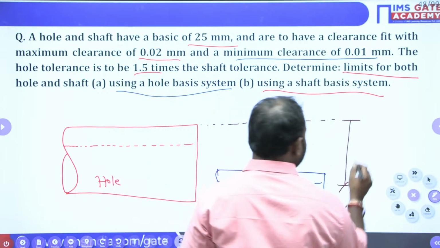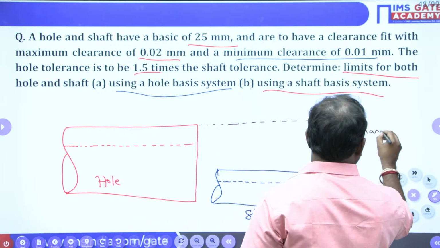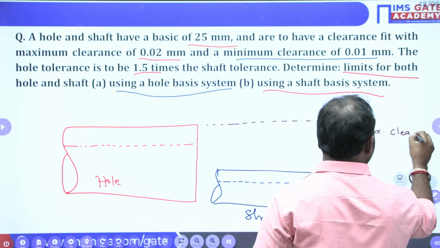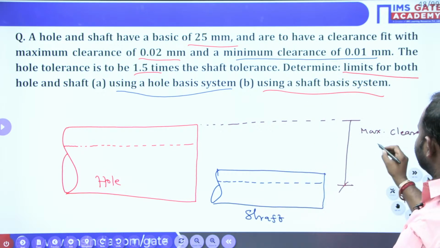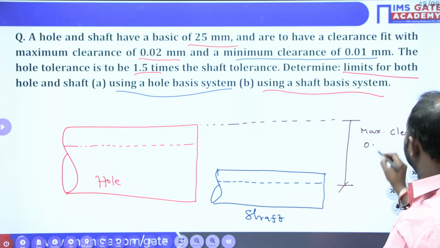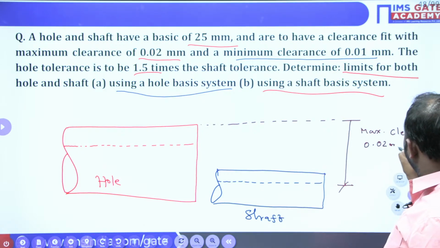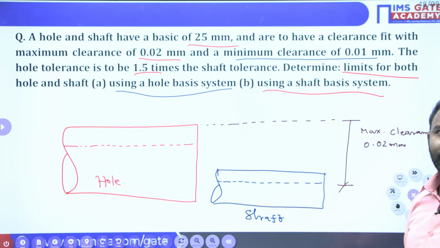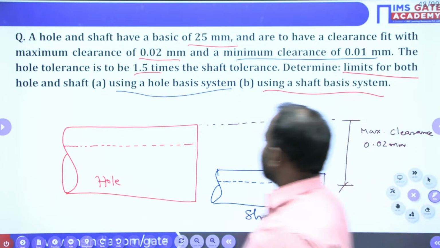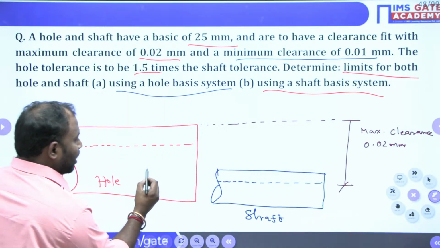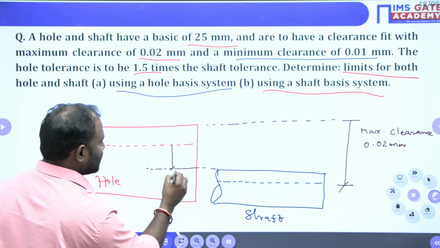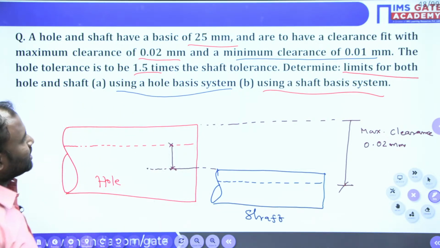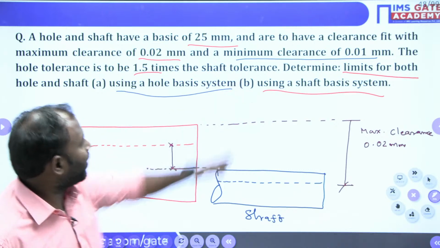This is the maximum clearance, and it is given. How much is it? 0.02 mm. Isn't it, guys? Right. Next, minimum clearance: lower limit of the hole minus upper limit of the shaft. This is the minimum clearance. How much is it? Minimum clearance is 0.01.